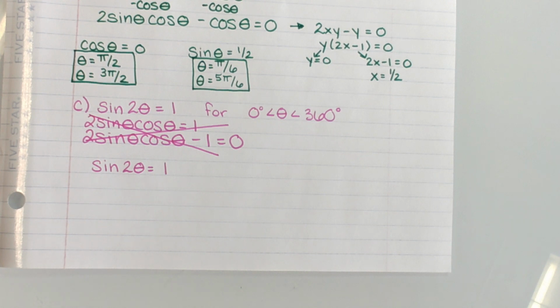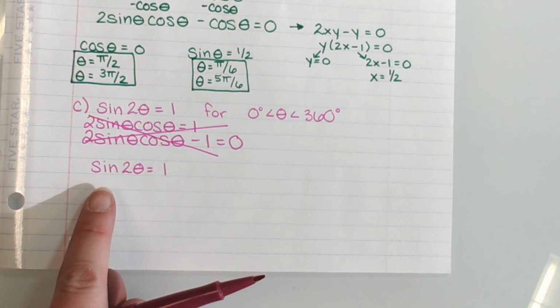Sine of 2 theta is equal to 1. How would you typically get theta alone? You do inverse sine at this point.